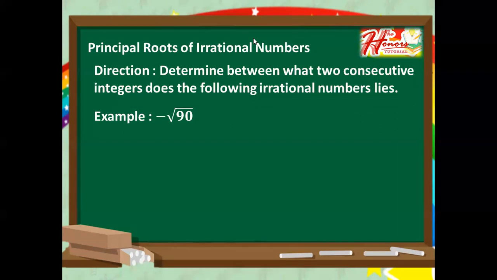Last example, negative square root of 90. So for negative square root of 90, don't worry, the process is still the same. The difference is just we have a negative number outside.